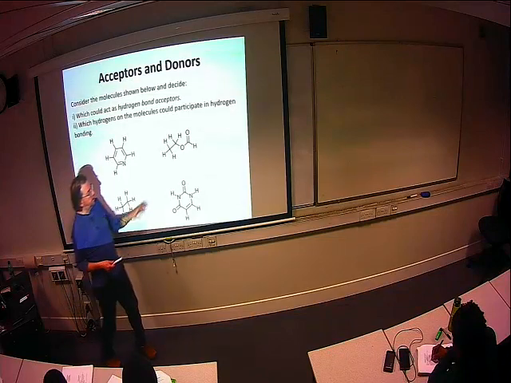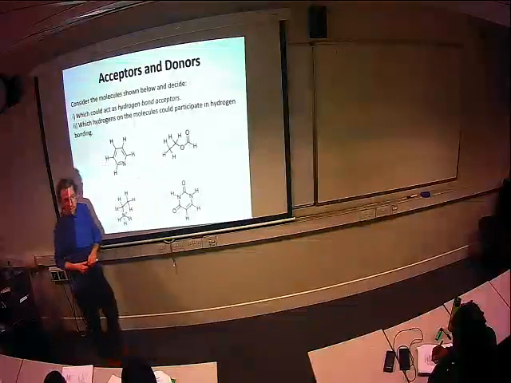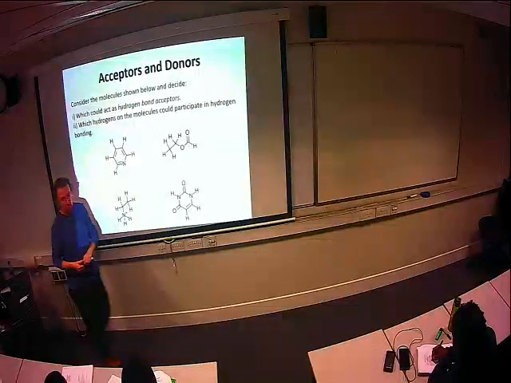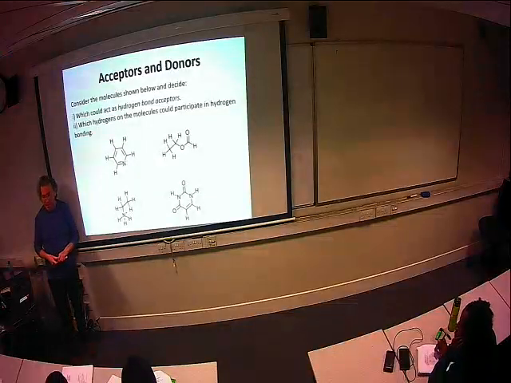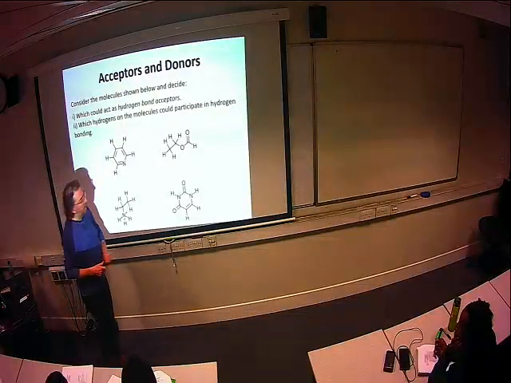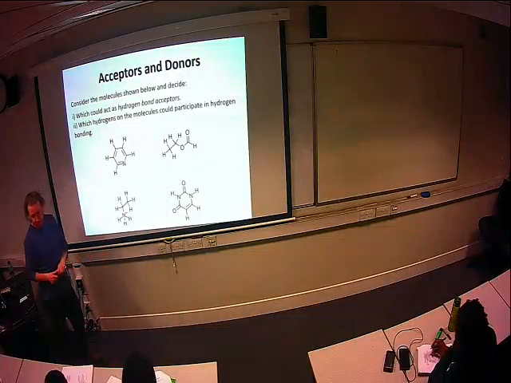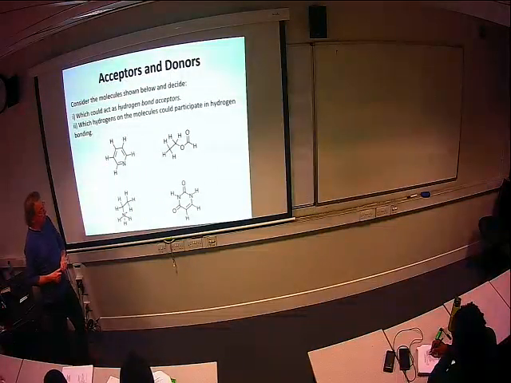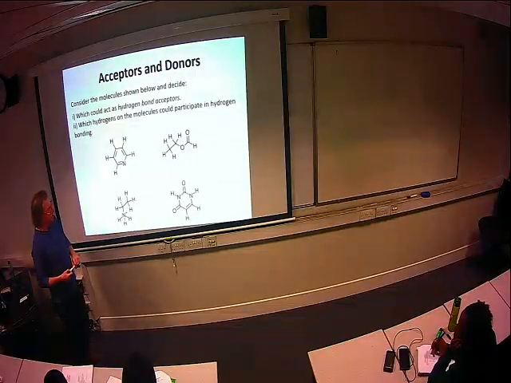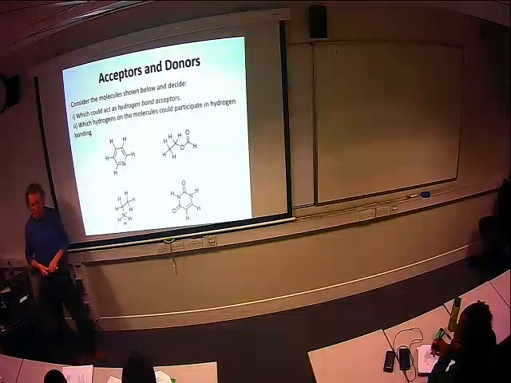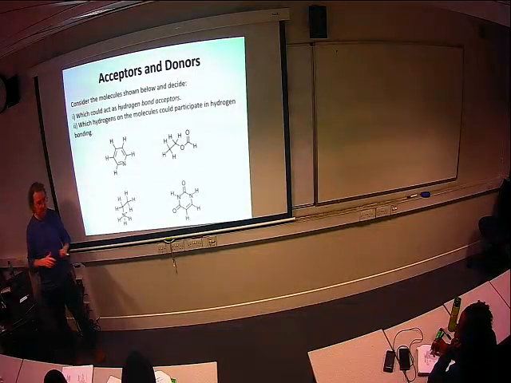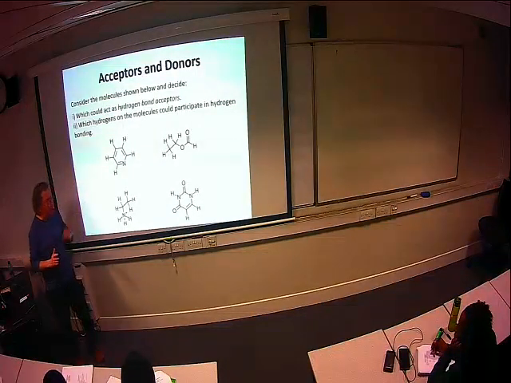Okay, so what about the top right? Could that be a hydrogen bond acceptor? Just raise your hand if you think so. Yeah, the oxygen atoms also have lone pairs, so they can take part in hydrogen bonding. So bottom left. Yeah, so we've got a couple of people shaking their heads. That's right.